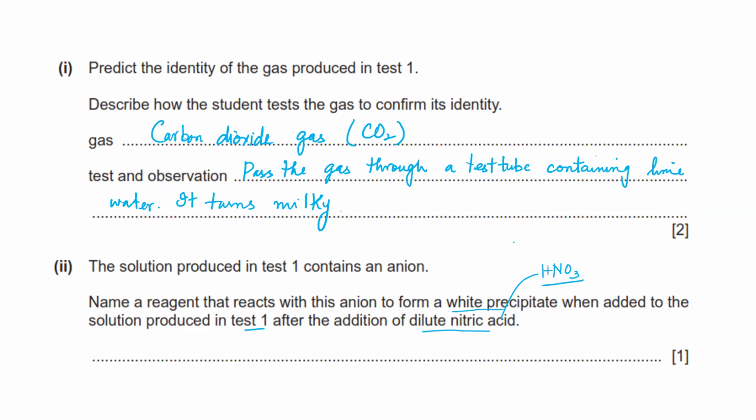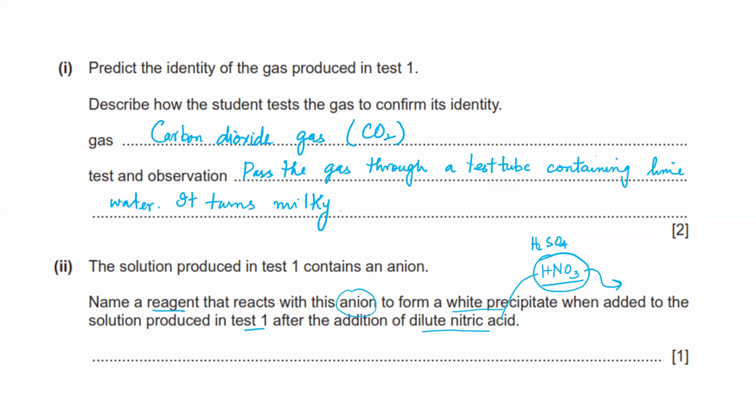Remember, instead of H2SO4, now you're adding nitric acid. We need a reagent that reacts with the anion to form a white precipitate.